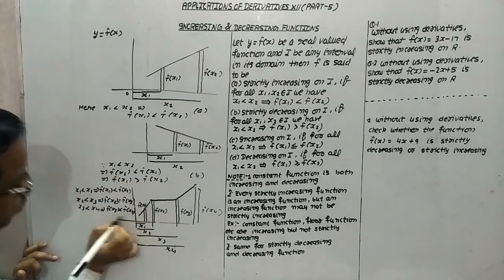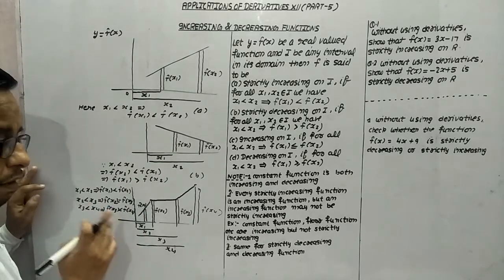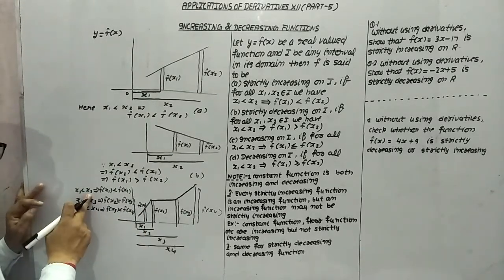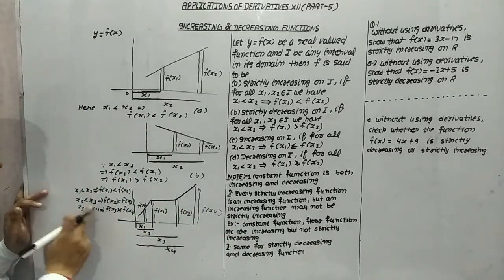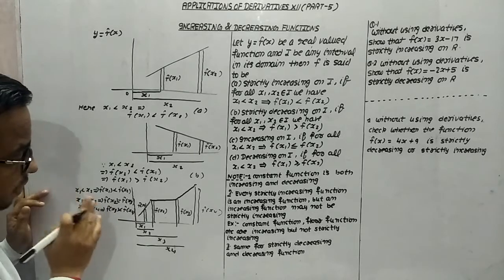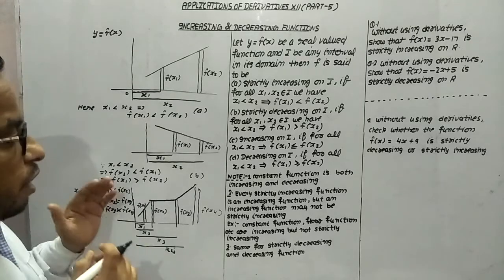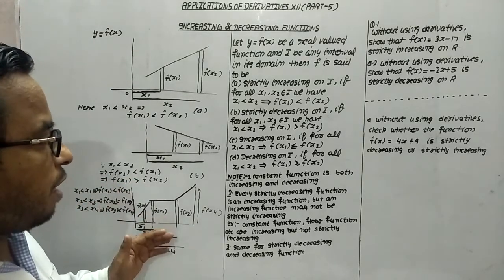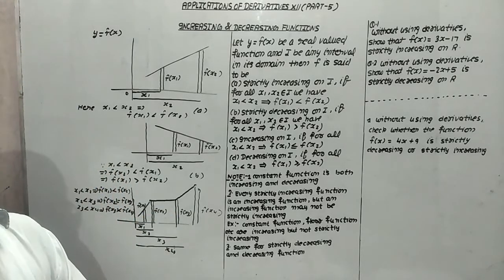So here we have the sign of equality also. In both parts, if x1 is less than x2, then f(x1) is less than f(x2), and x3 is less than x4 implies f(x3) is less than f(x4). It means in the whole domain this process is going on. That's why this function is known as an increasing function on the interval.